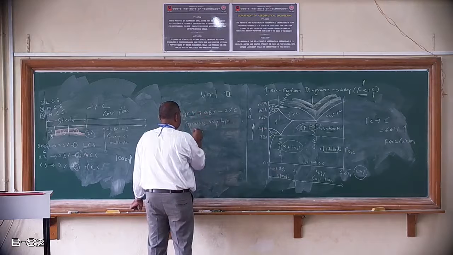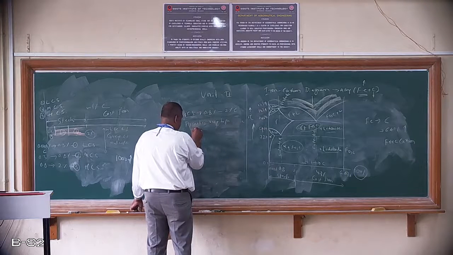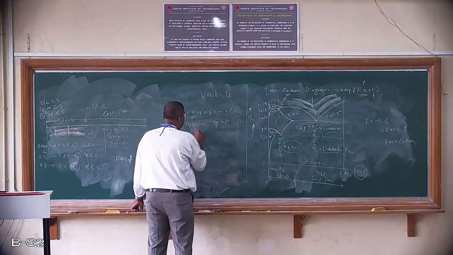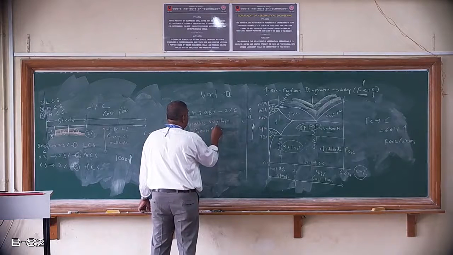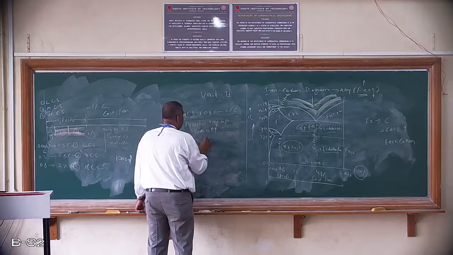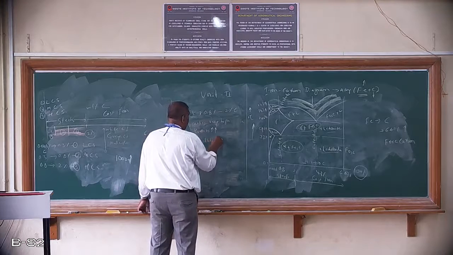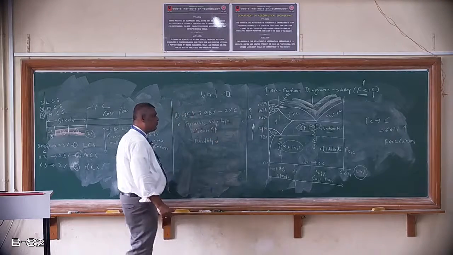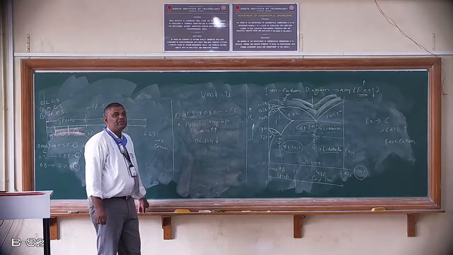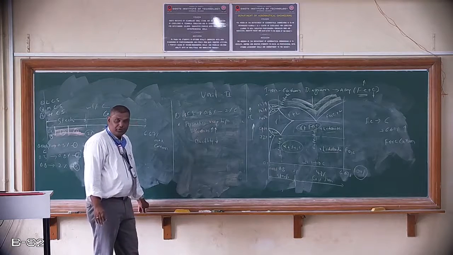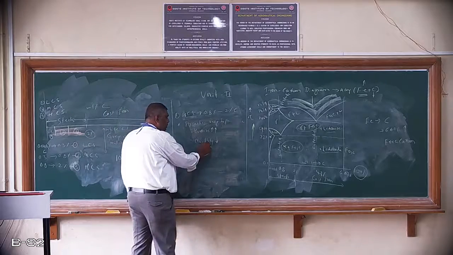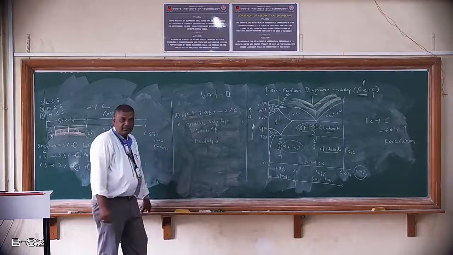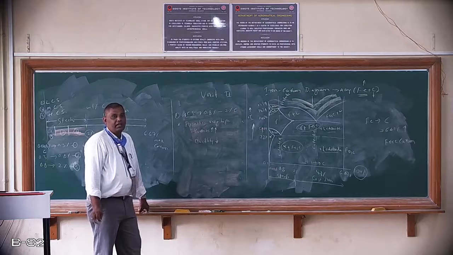The strength, that is the hardness, is very high, whereas ductility is very low. So high carbon steel is generally a type of brittle material. The ductility is very less and the hardness is very high.